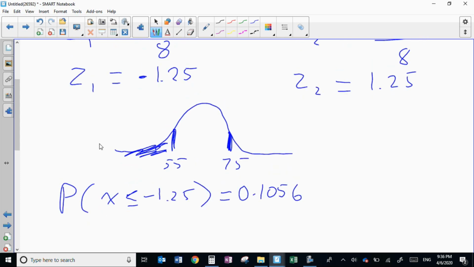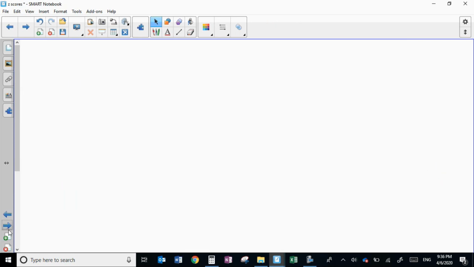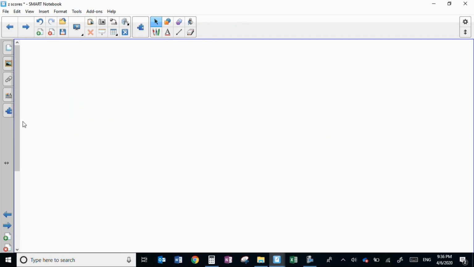And finally, for our other one, the probability or the proportion of dogs less than 1.25. Let's just use our Z-score table for that as well. There it is.